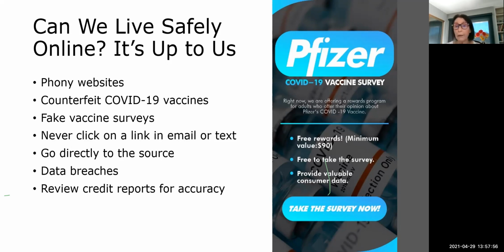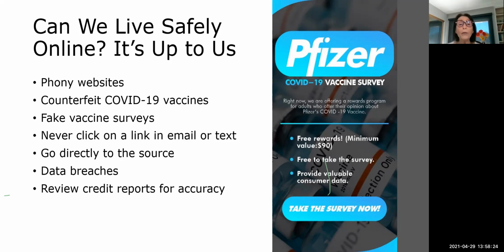But the bad guys are out there doing it and tricking people every day. Because before a lot of people were getting the COVID-19 vaccine, everybody was really scared, right? And even today, there are a lot of people who have not yet gotten the vaccine and are pretty scared about that. So the scammers are taking full advantage.